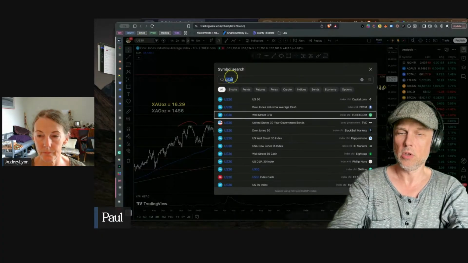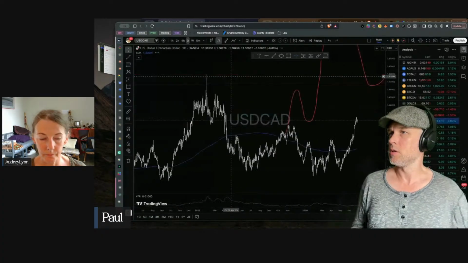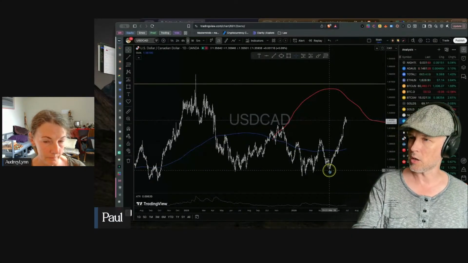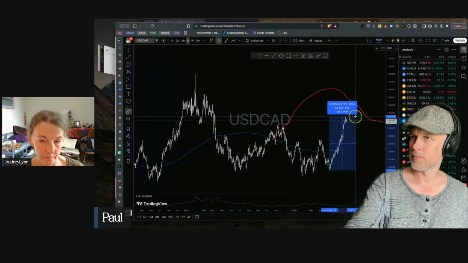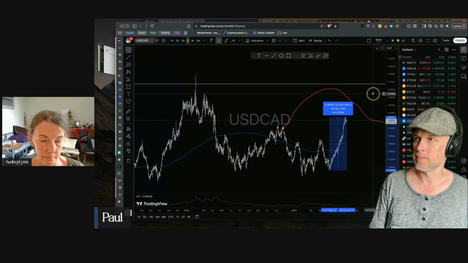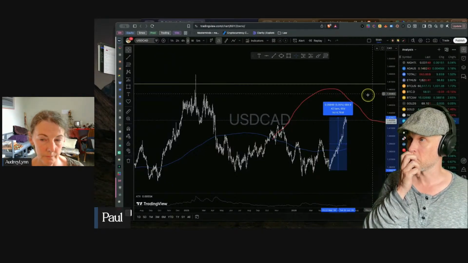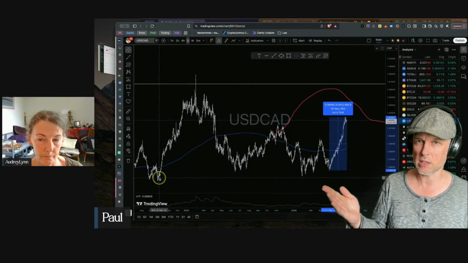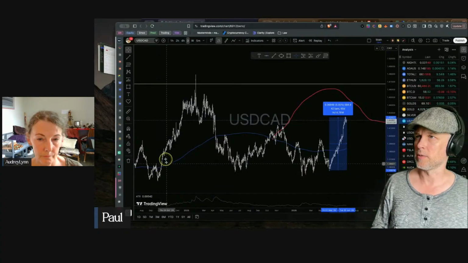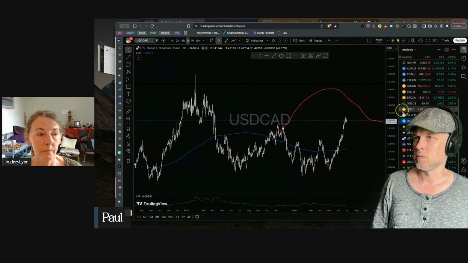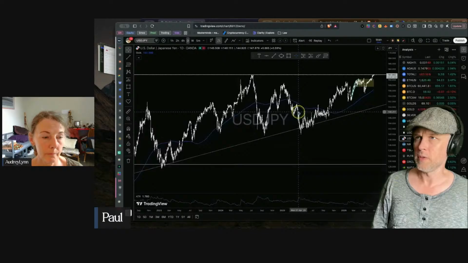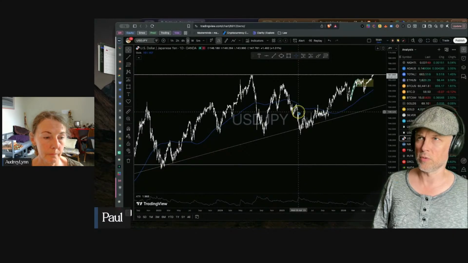But even, let's go look at USD CAD, which is the index between the United States dollar and the Canadian dollar. The US dollar, since May, is up 5%. It's done that before, sure, in that period of time. But this indicates faith in that US dollar. Faith in the US dollar is overcoming.